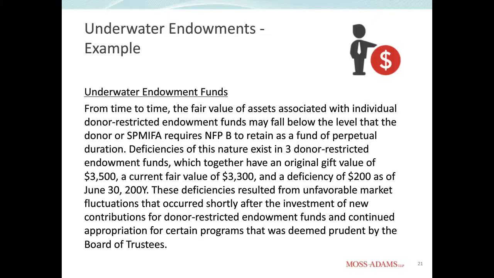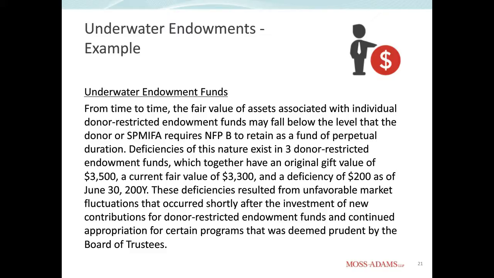As you know, each state does have their version of what you will also hear referred to as UPMIFA, which does require you to invest endowment funds in such a way that you try to maintain the level of allocations and distributions over those endowment funds.